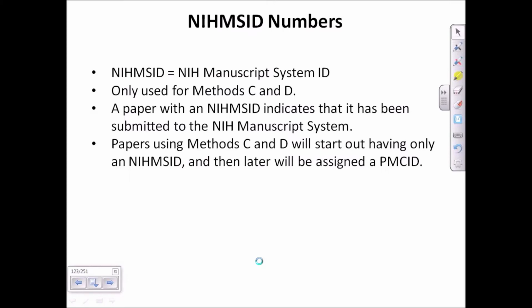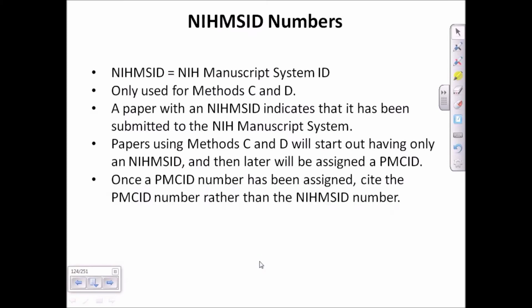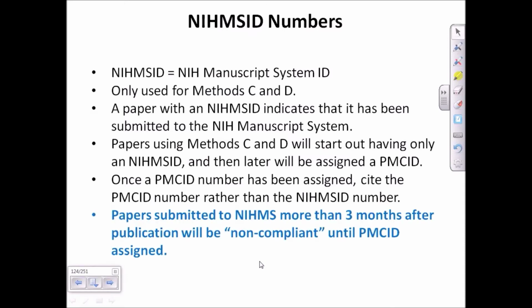Papers using method C and D will start out having only the NIHMSID number, and then later they'll be assigned the PMCID number. Once a PMCID number has been assigned, you should cite that number, not the NIHMSID number. So the NIHMSID number is a temporary number that just indicates that it's in process.